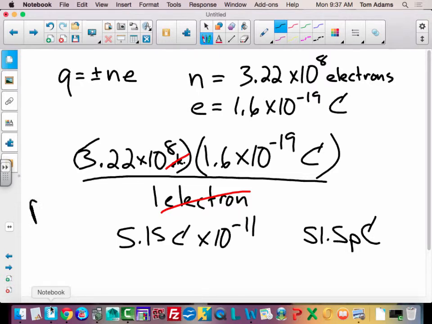It's pico, which means 10 raised to the negative 12. So you're just moving the decimal one spot, and then that changes to negative 12. That's where that comes from.